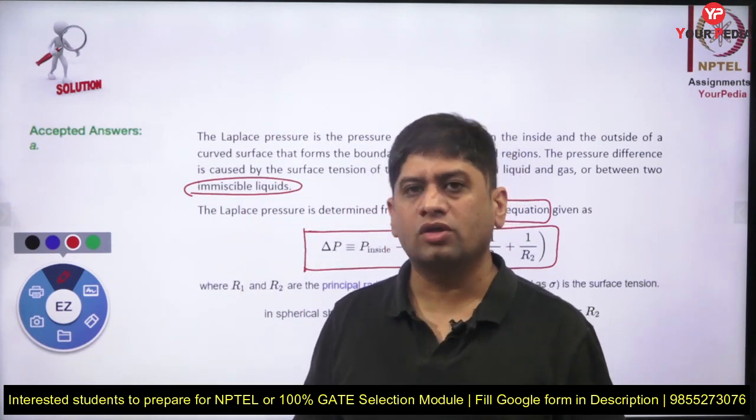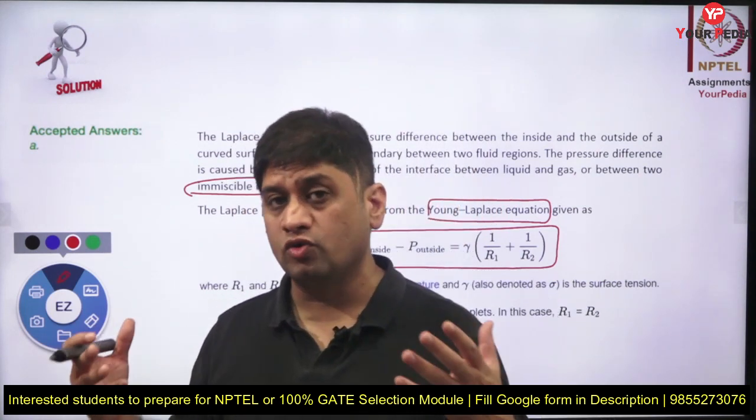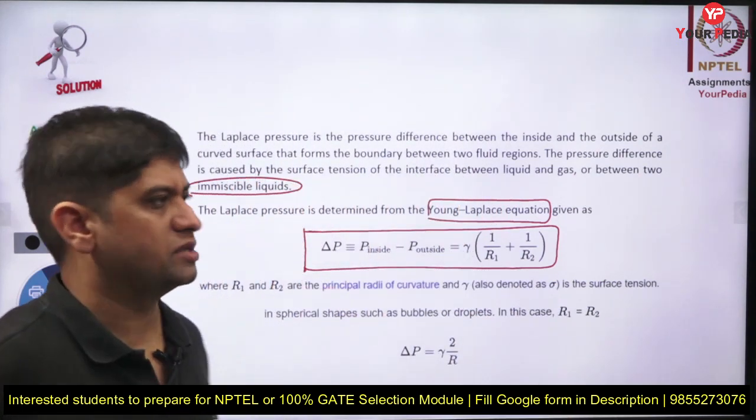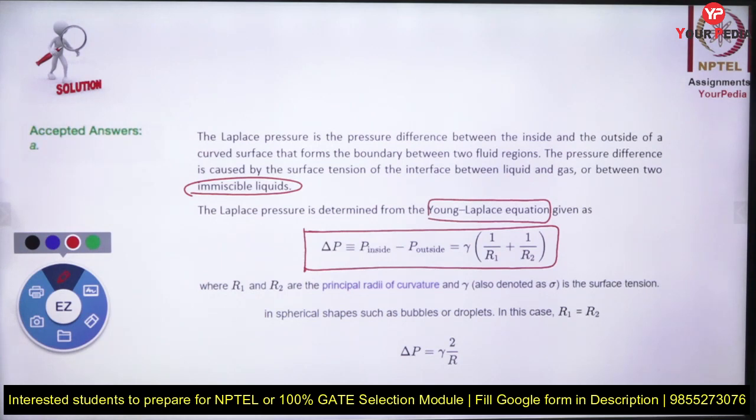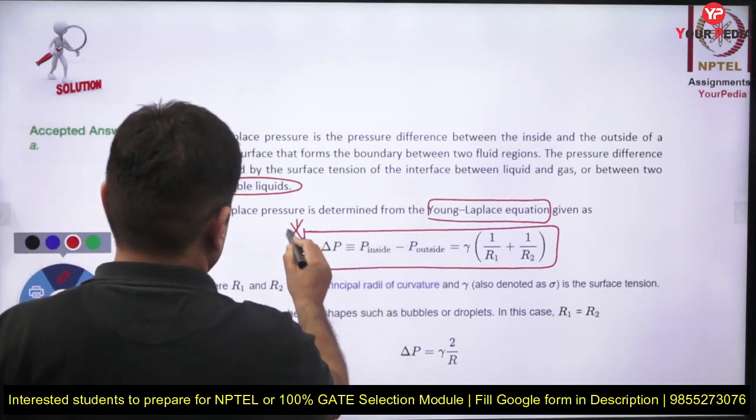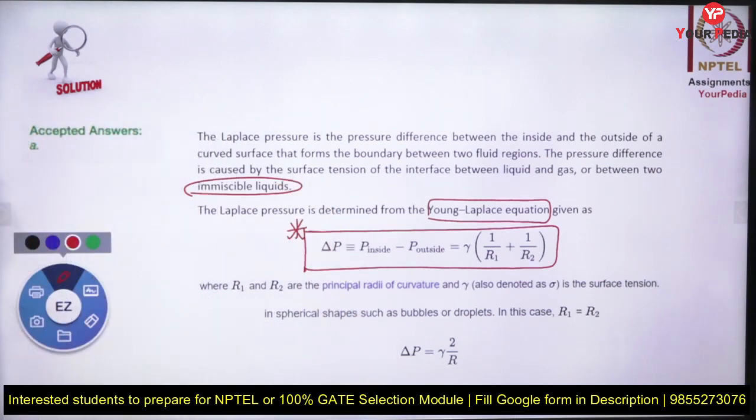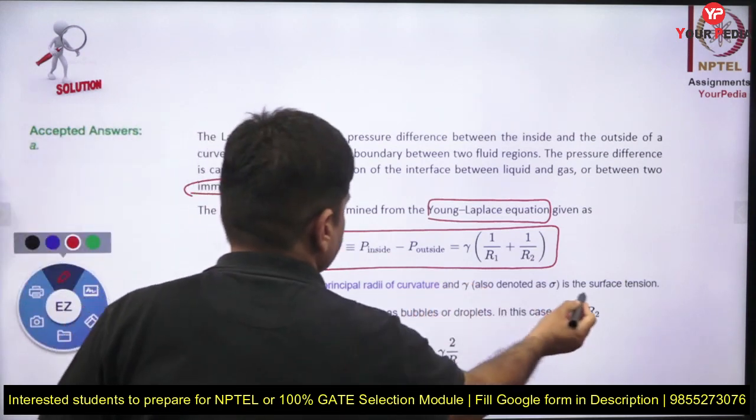Another thing is that the two fluids should be immiscible, they should not mix with each other. Remember this formula, and remember that this is the Young-Laplace equation. It is the pressure inside minus the pressure outside, and the gamma they have written is basically the surface tension.